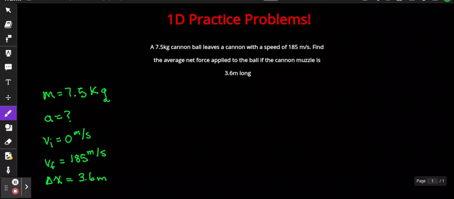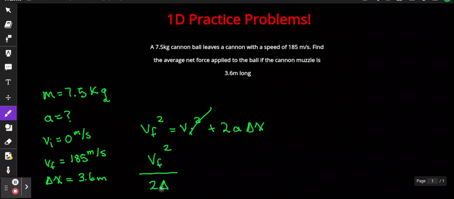So I'm going to use the kinematic equation v final squared equals v initial squared plus 2 times acceleration times displacement. I'm going to cancel out the initial velocity squared because it's 0. So to solve for a, all we have to do is v final squared divided by 2 times delta x gives us a.